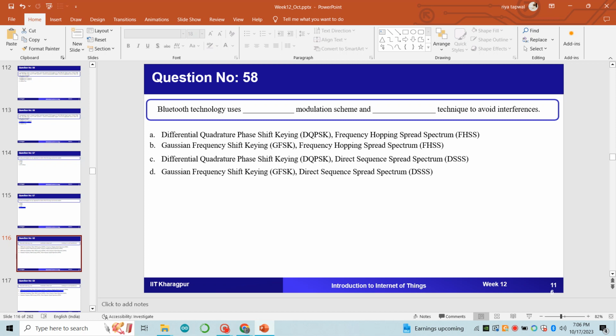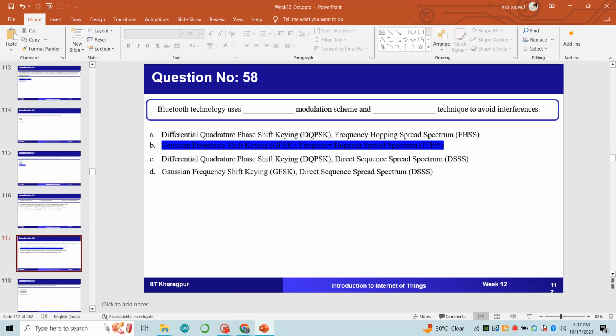Option B or option A? The correct option for this is B, that is GFSK modulation scheme and FHSS technique to avoid interference.